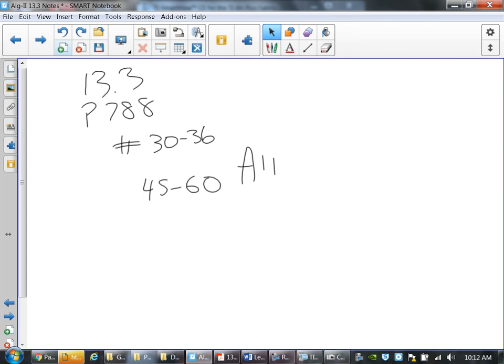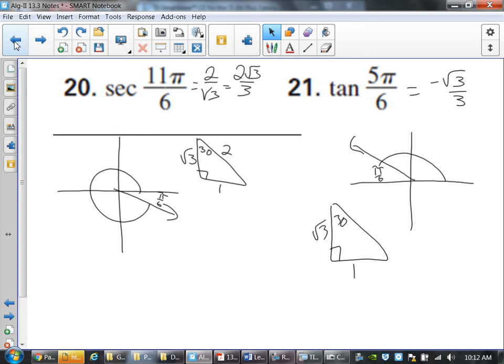That's the other thing. If you take the tangent of 5 pi over 6 and type it in radians like that, you will get the decimal equivalent of negative root 3 over 3. So it does work, but calculators just do decimals.